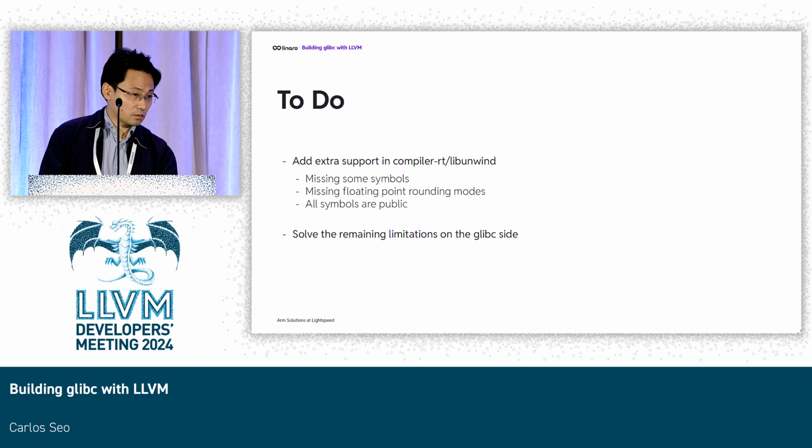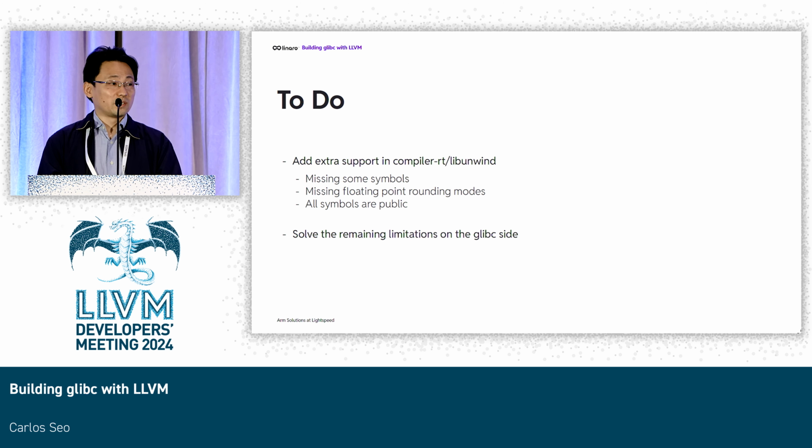And these things are very different between the GCC runtime and the LLVM runtime. So we need to add some missing symbols that glibc uses for thread cancellation. We need to add extra rounding modes for floating point, because currently LLVM only supports one rounding mode.